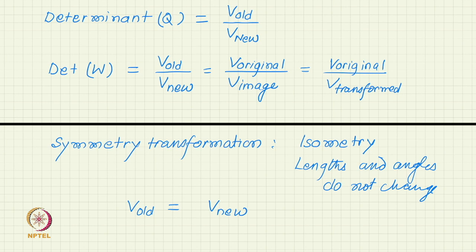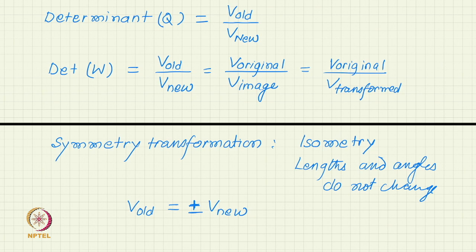Only, as we saw, if it is a reflection, the new volume will have a negative sign. So it will be either plus or minus, because the determinant is changing, because a right handed system changes into a left handed system.